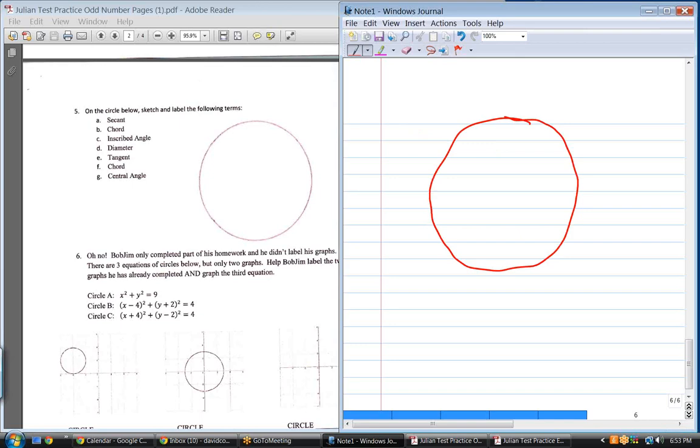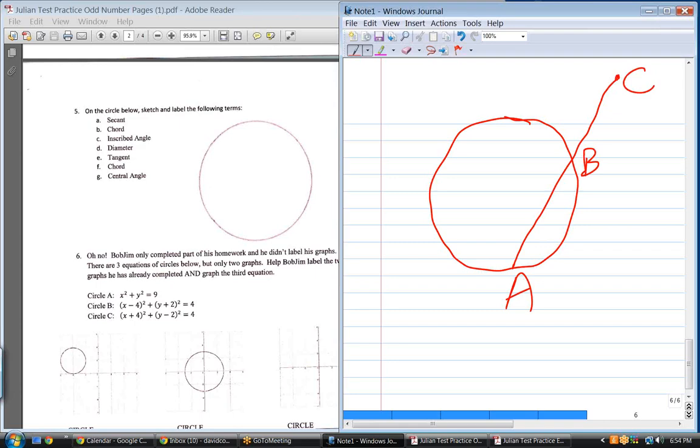A secant line does what? Goes on the outside of the circle? Does that. There's a secant line. A chord does what? Tell me if I have a chord on this thing.